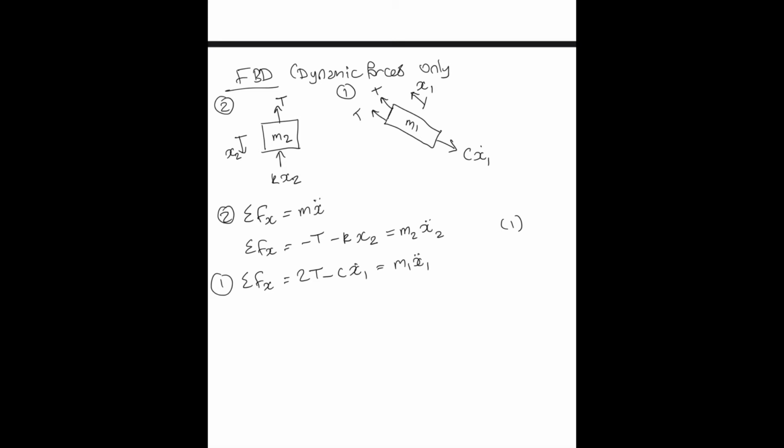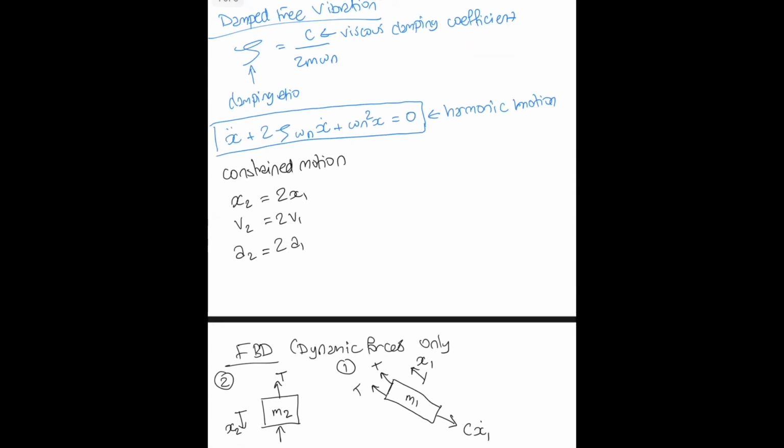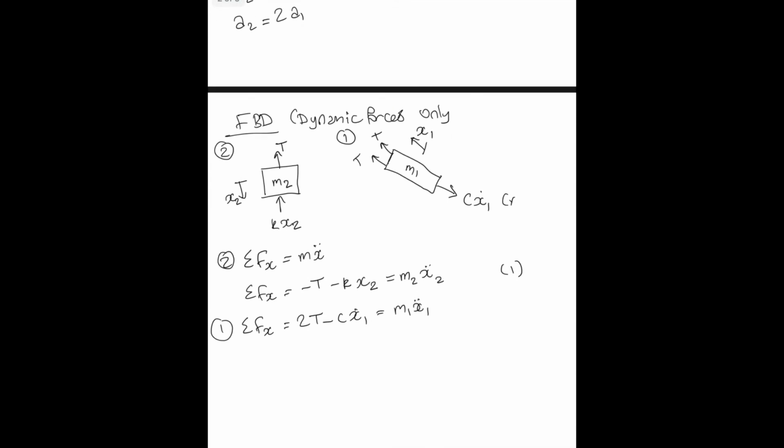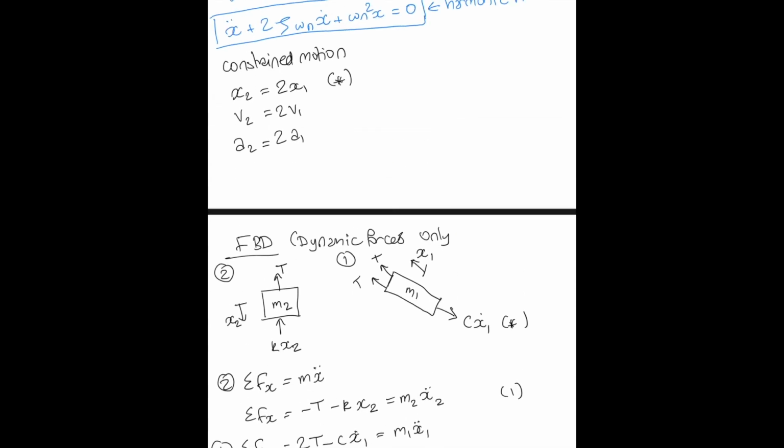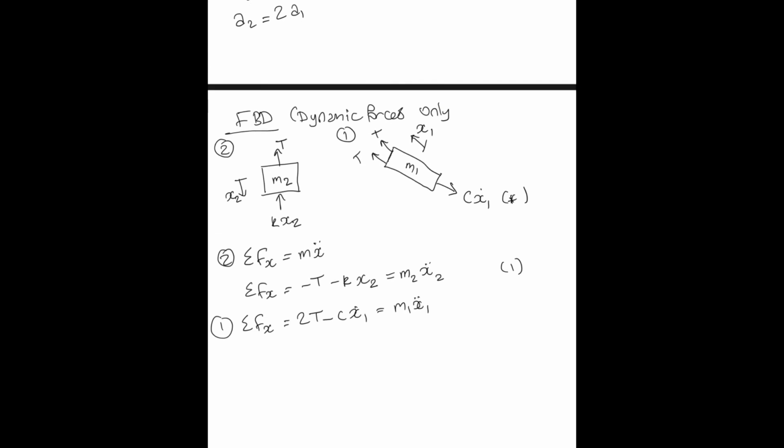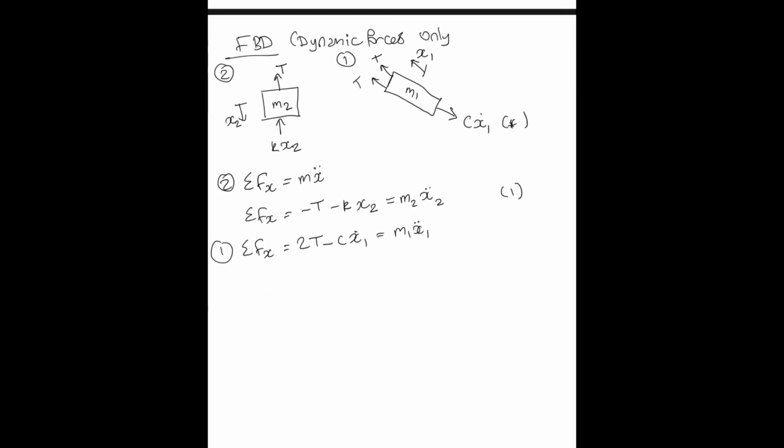Now if we sub this equation over here into here, we can get 2T minus half c x dot 2 equal to half m1 x double dot 2.